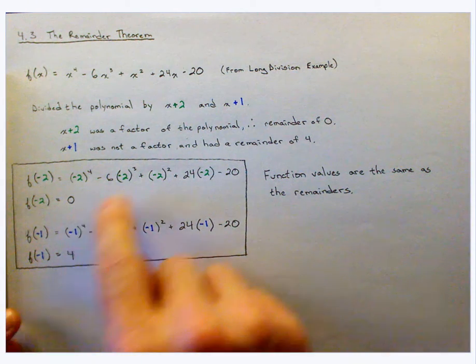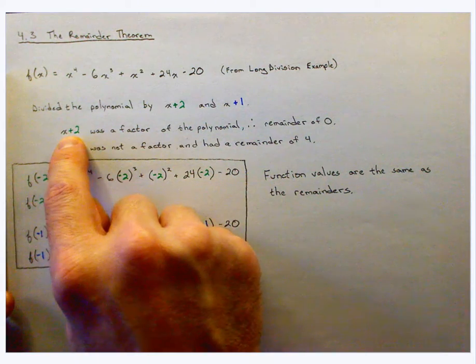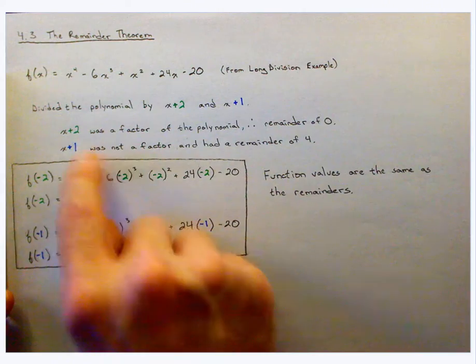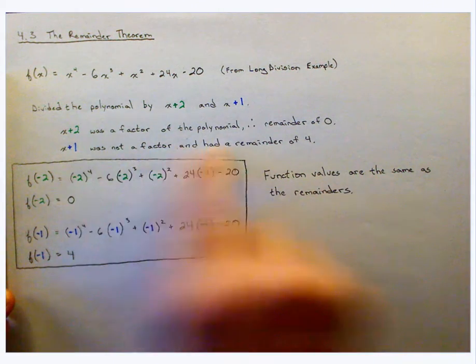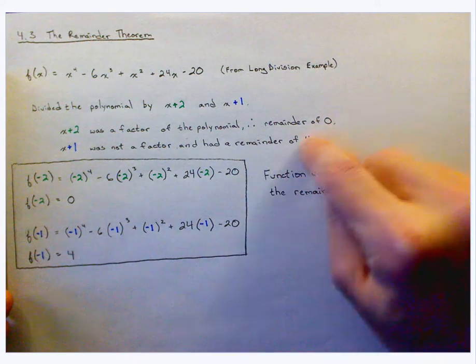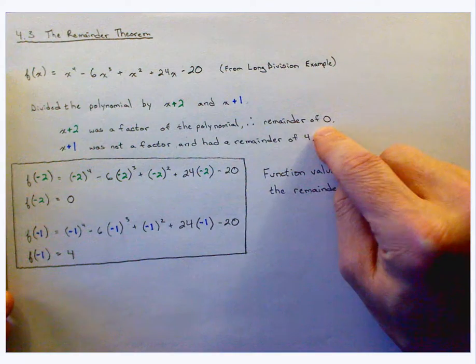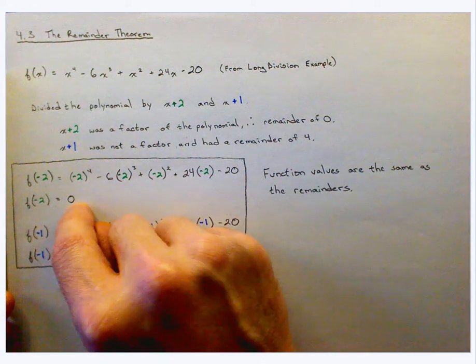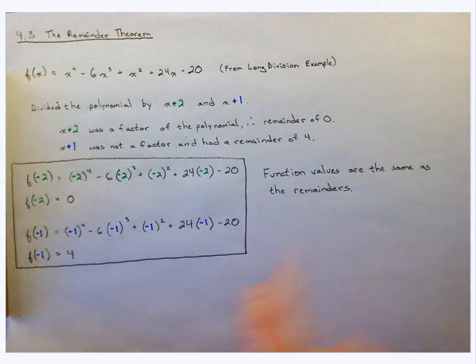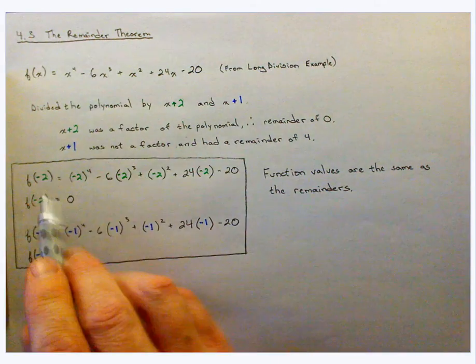See, what we did was that we looked at that and we found that x plus 2 gave us a remainder of 0, and x plus 1 was not a factor, and we had a remainder of 4. One key point to point out: whatever your remainder is from your division, that is the value at that x value. See right here, this says x plus 2, and that's what I'm looking at.